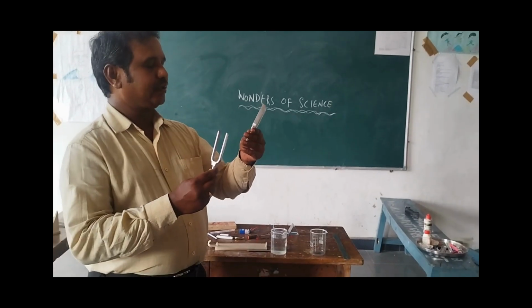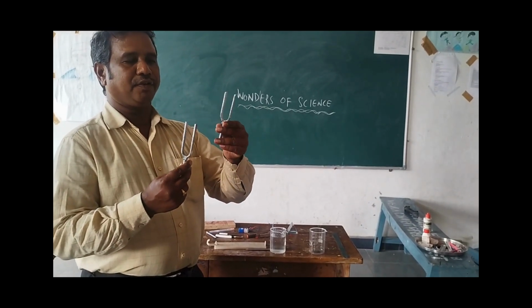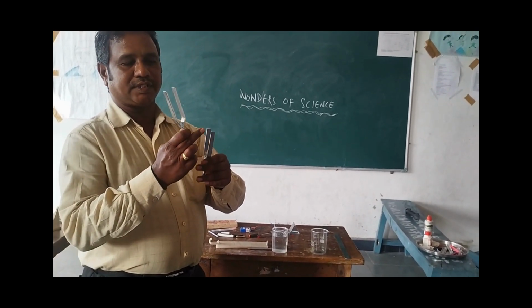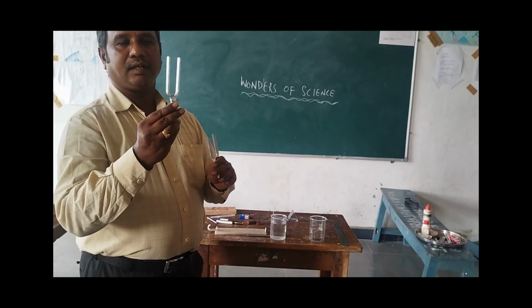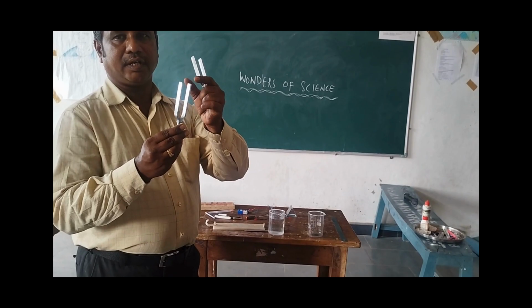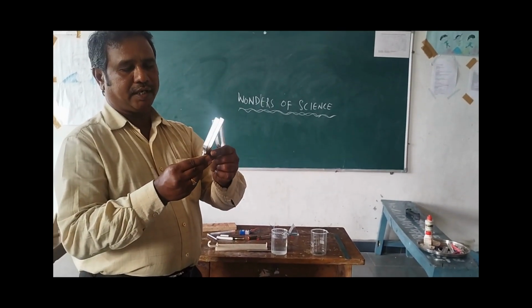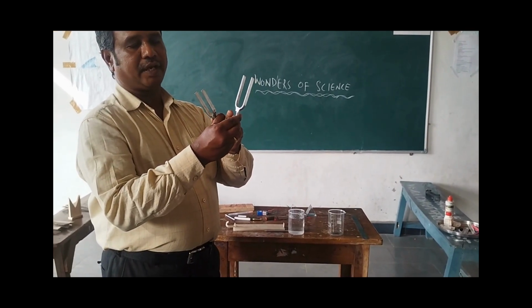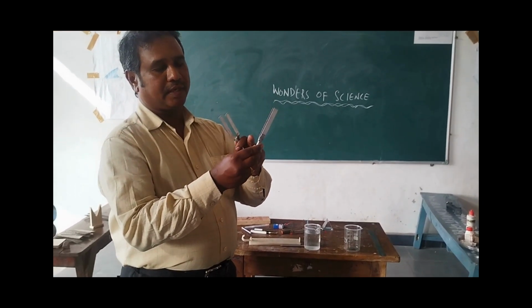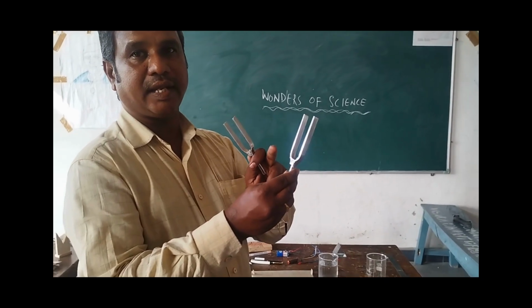Right, here we have tuning forks. These are forks having a handle to hold them, and if I apply certain force, they will get into vibration. Now here, from this simple tuning fork, we can understand the frequency concept. It is 420 Hz.